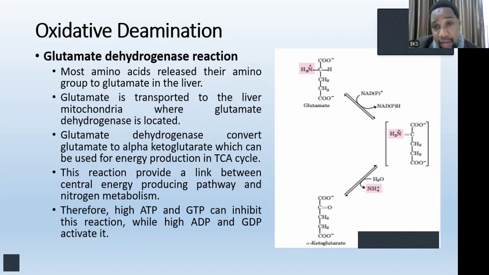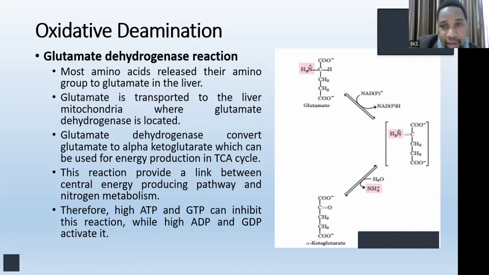While when it's NADPH plus H, it's usually in the reductive pathway involved in biosynthesis, in the synthesis of amino acids. So this enzyme can use either of the two, depending on the amination in which that glutamate is involved. Is it in a biosynthetic pathway or a degradative pathway?